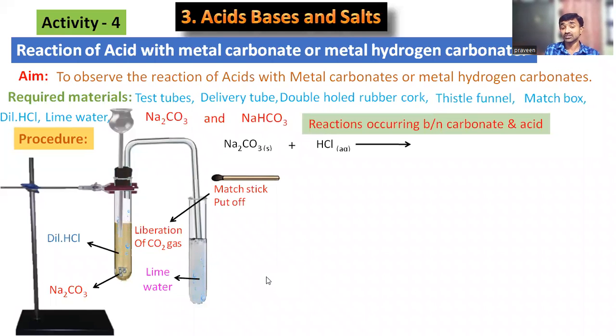That separate colored liquid is the aqueous solution of salt, here NaCl, and the transparent liquid observed is water, and the liberated gas, already tested with the burning mastic and using lime water, is decided to be carbon dioxide. So there are three products here.